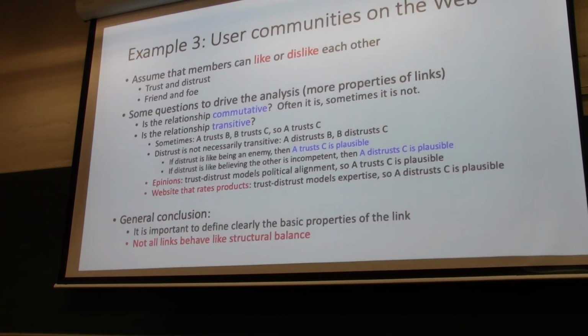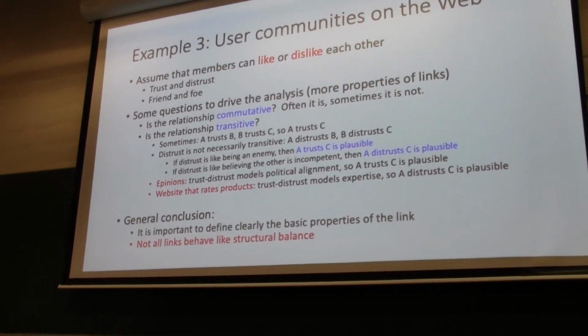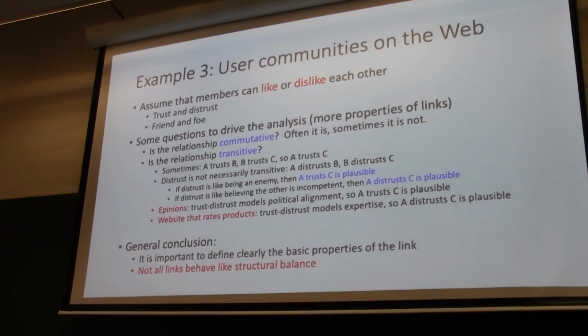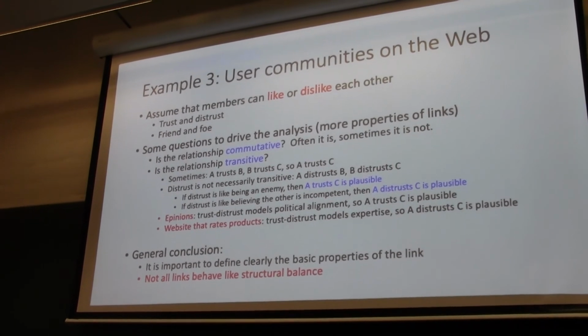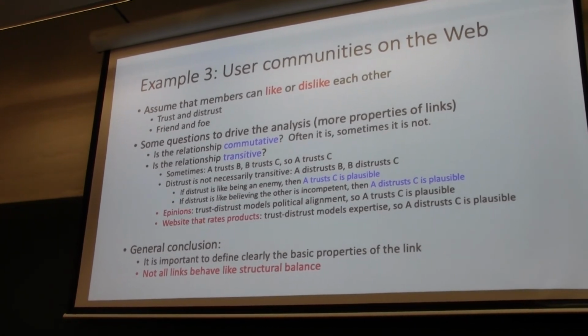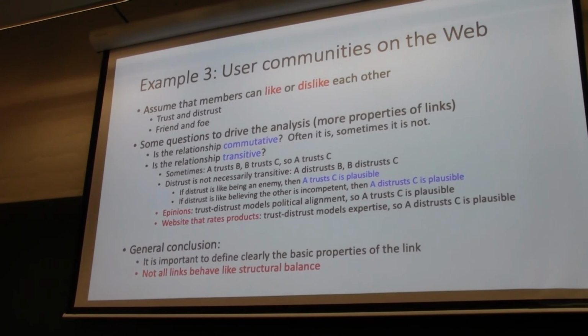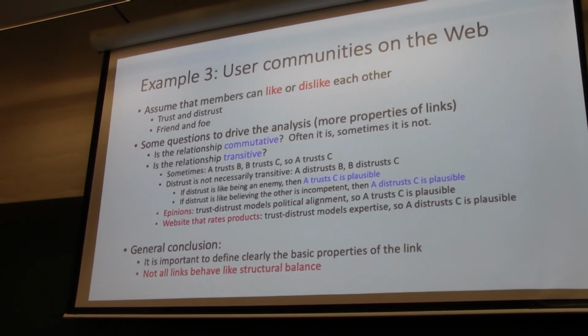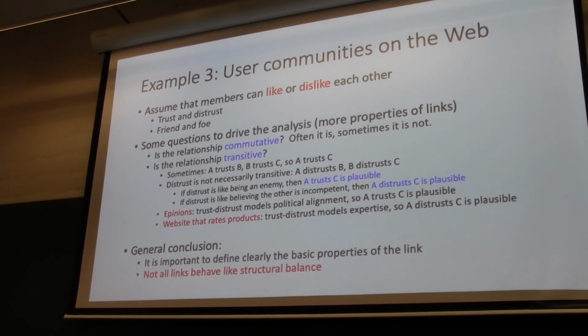Okay, there's a third example I want to present, which is user communities. So this is not for the web. You can have like and dislike, trust and distrust. But now it's more complicated because, with trust and distrust, is it commutative?